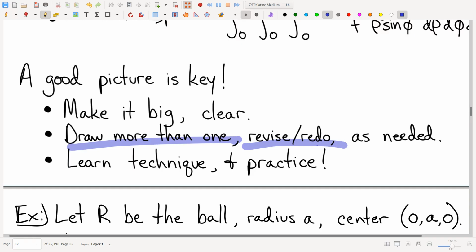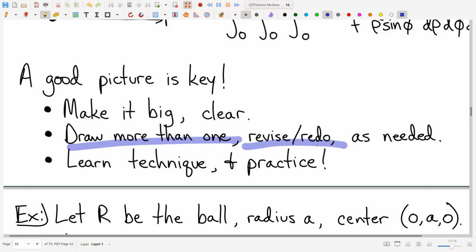And then I look at my figure and I say, here's what I don't like about that figure, for whatever reason, and then I redo it and it becomes better. And every time I draw a better figure, I learn a little bit more about the shape in question, and that additional learning helps me draw an even better figure.